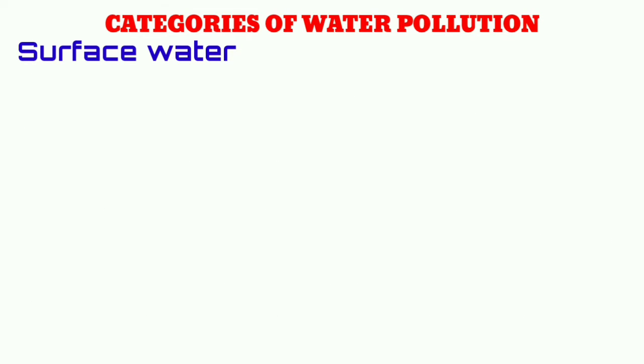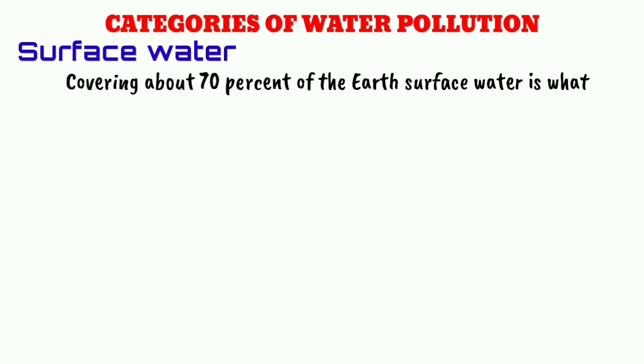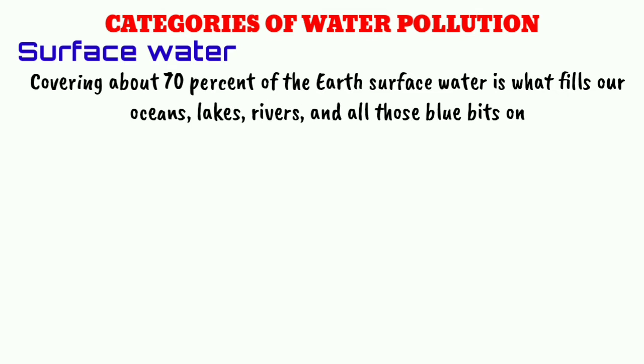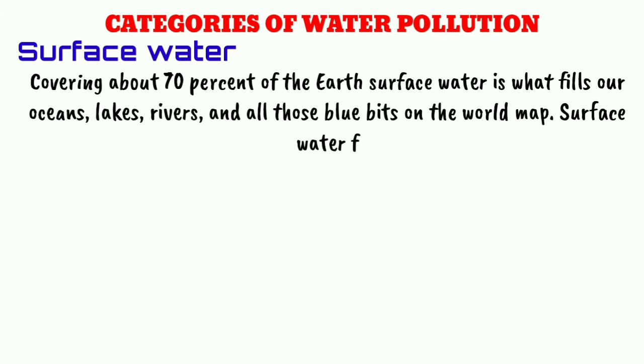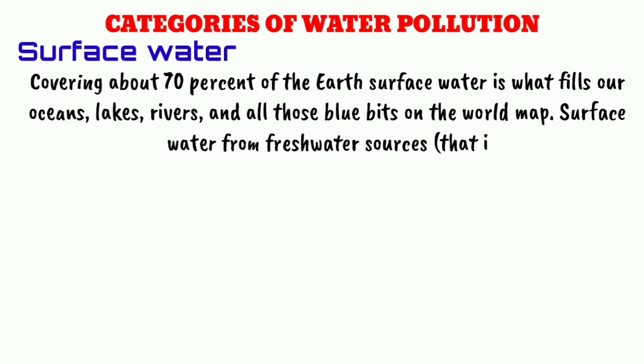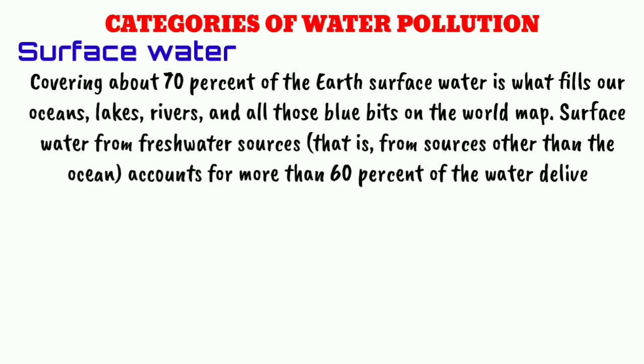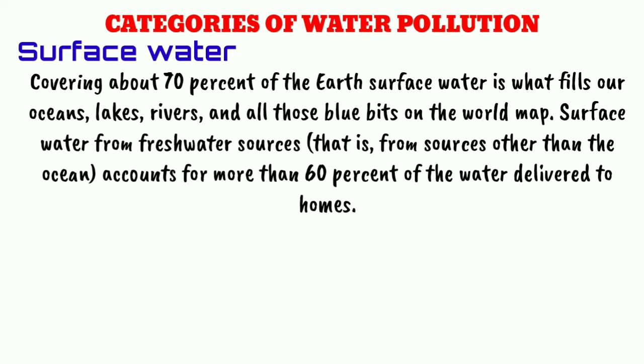Surface water, covering about 70% of the earth. Surface water is what fills our oceans, lakes, rivers, and all those other blue bits on the world map. Surface water from freshwater sources, that is, from sources other than the ocean, accounts for more than 60% of the water delivered to homes.